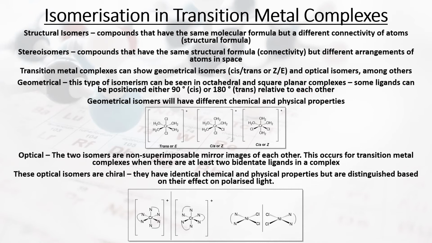The example here at the bottom is this chromium complex ion with 4 water ligands and 2 chloride ligands attached. And these chloride ligands could go 180 degrees to each other, essentially top and bottom. That's a trans isomer. But we could have the chlorine atoms going 90 degrees to each other, cis to each other. So there are 2 examples of the cis isomers I've drawn here.